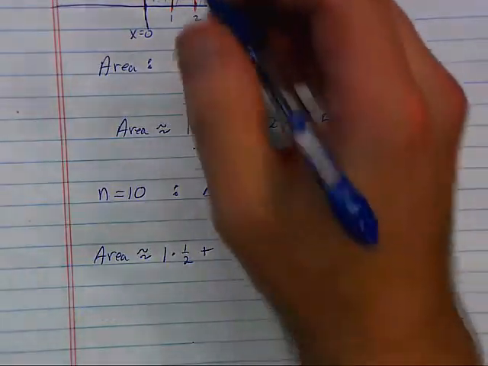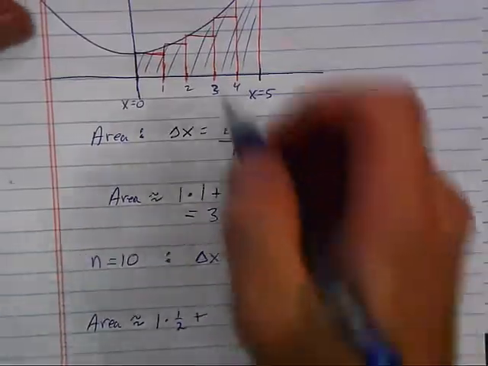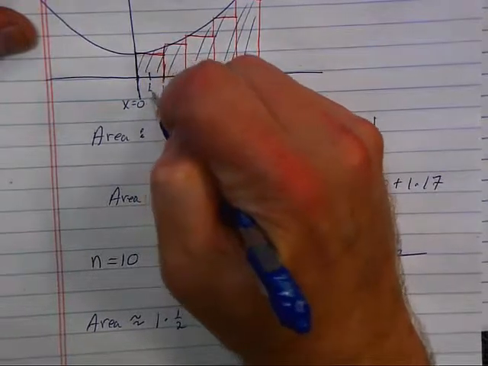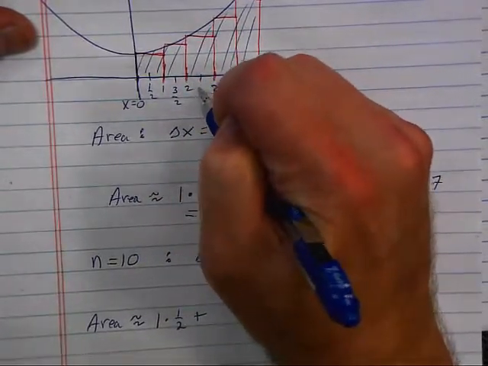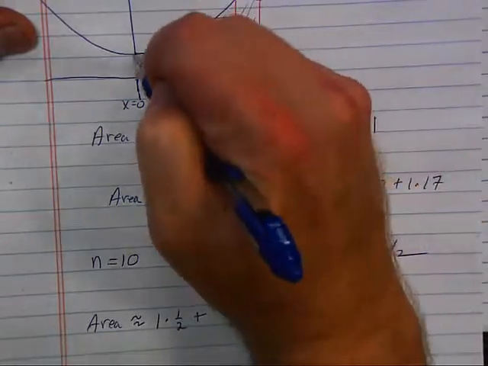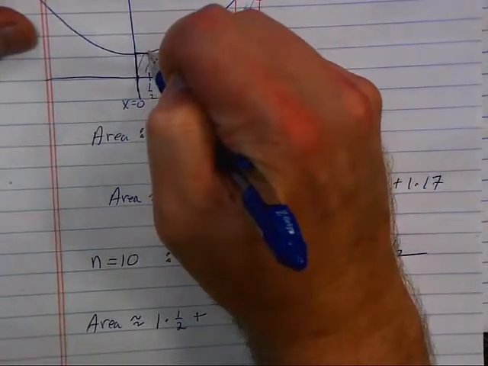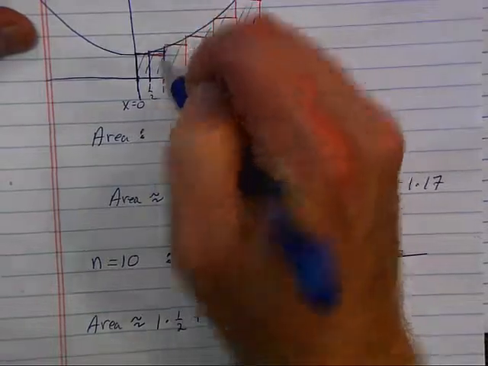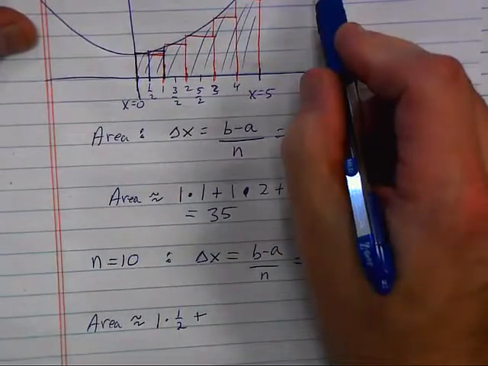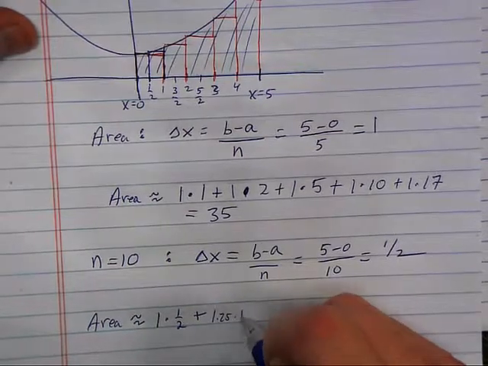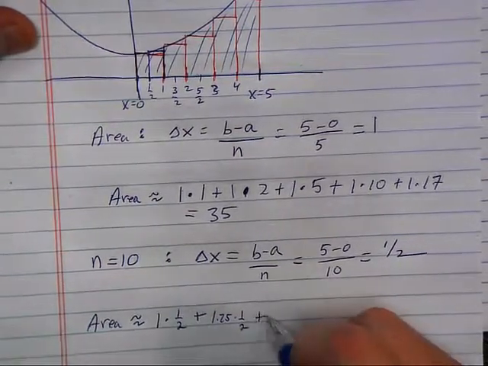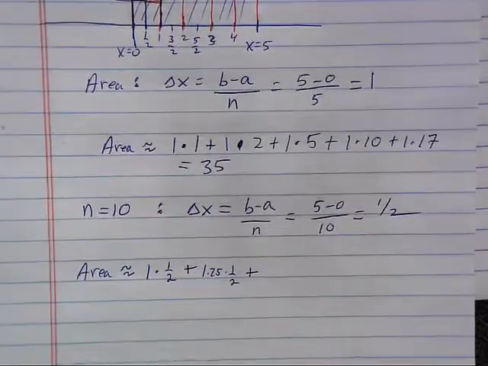You plug 1/2 in, because now, back up in our picture here, we're going to have 0, a half, 1, 3/2, so on and so forth. Our second rectangle would look like this, where we would have to plug in a half. So we would have a half squared plus 1, that's 1.25, times a half. Plus, how about the third rectangle?